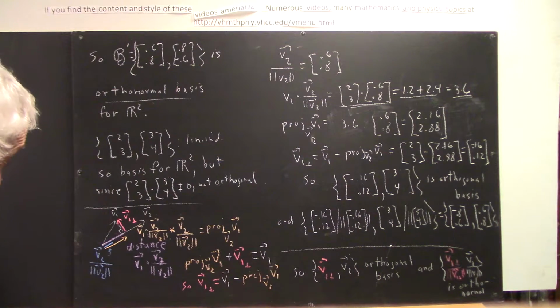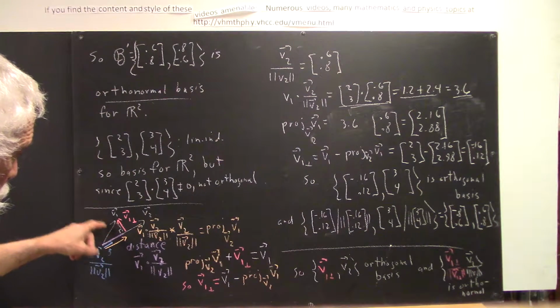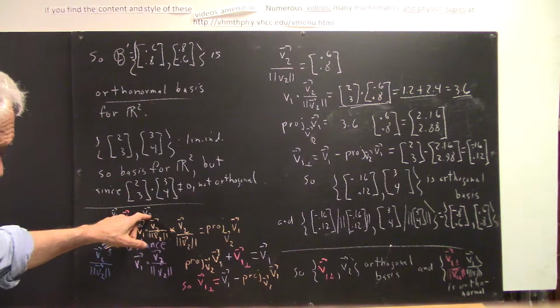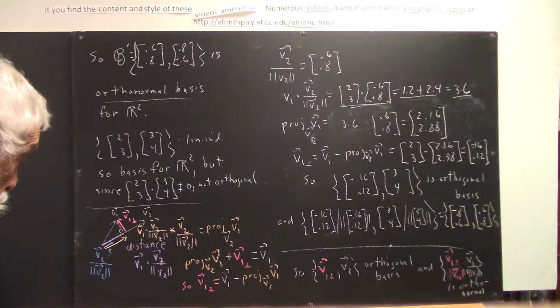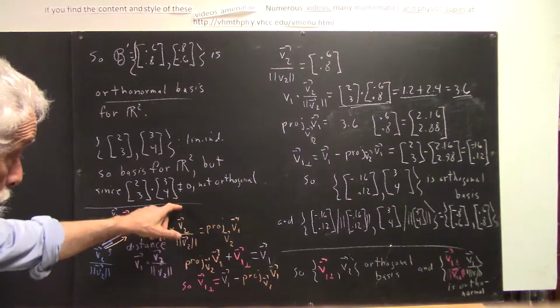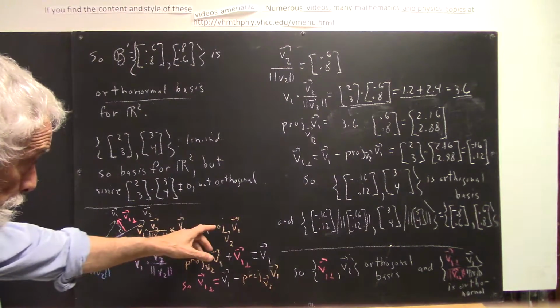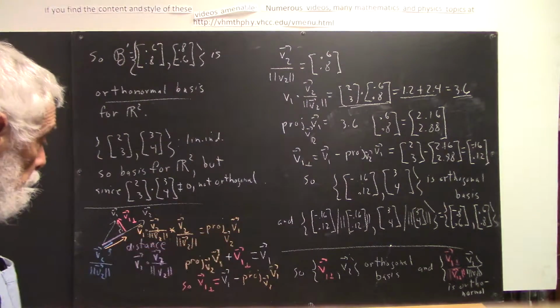It follows that this red vector is v1 minus this projection. Our projection is (v1 dot v2 over magnitude of v2) multiplied by the unit vector v2 over magnitude of v2. That's the projection of v1 on v2.